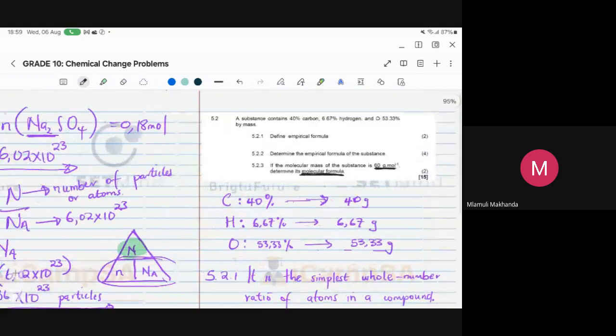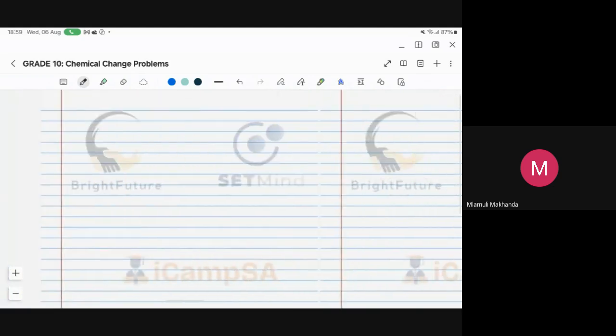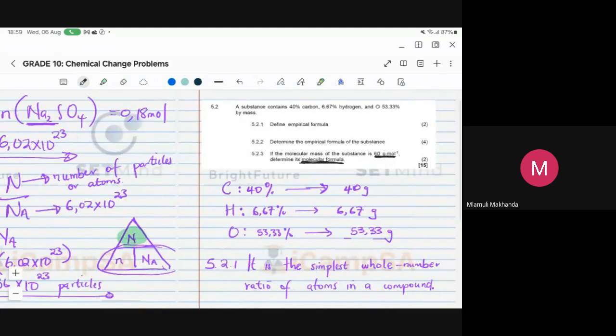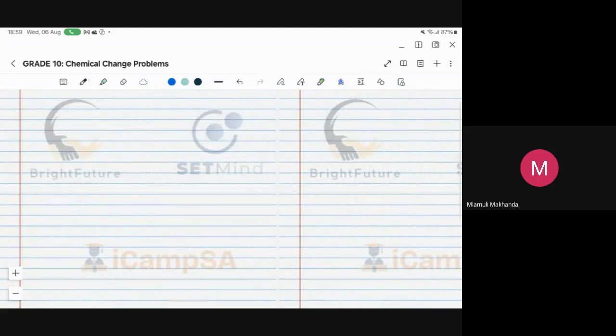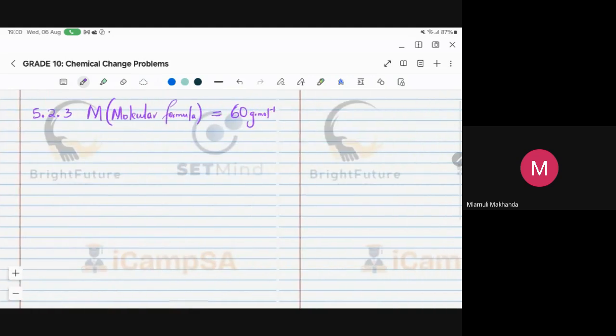So M for the molecular formula is 60 grams per mole, which we've been told in the statement. Obviously you wouldn't write this in an exam. I'm just writing so that you know what it means.